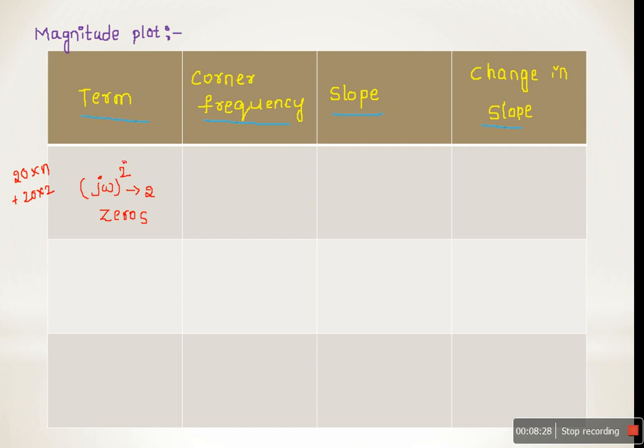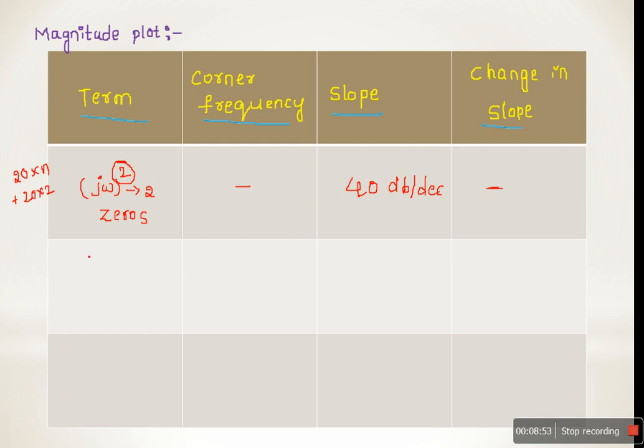So in the given transfer function I am having only 2 zeros. That's why the slope will become plus 40 decibels per decade. And here we are not having any corner frequency. So here we are also not having any change in slope because this is the first term.